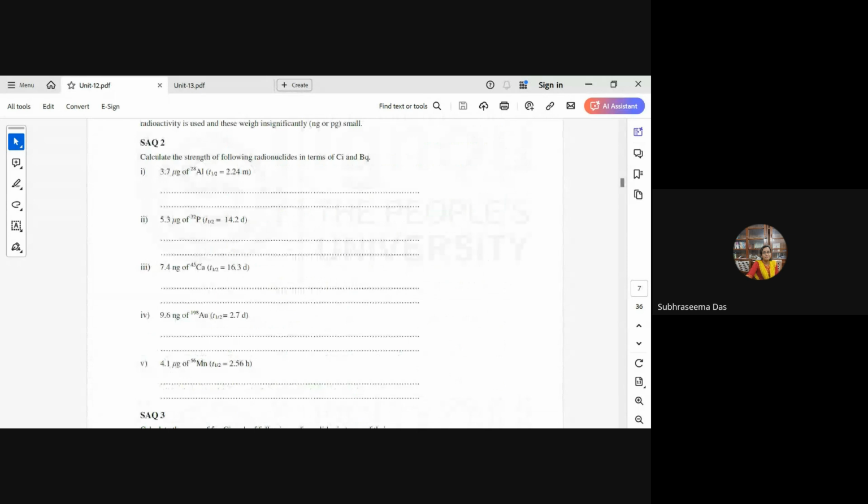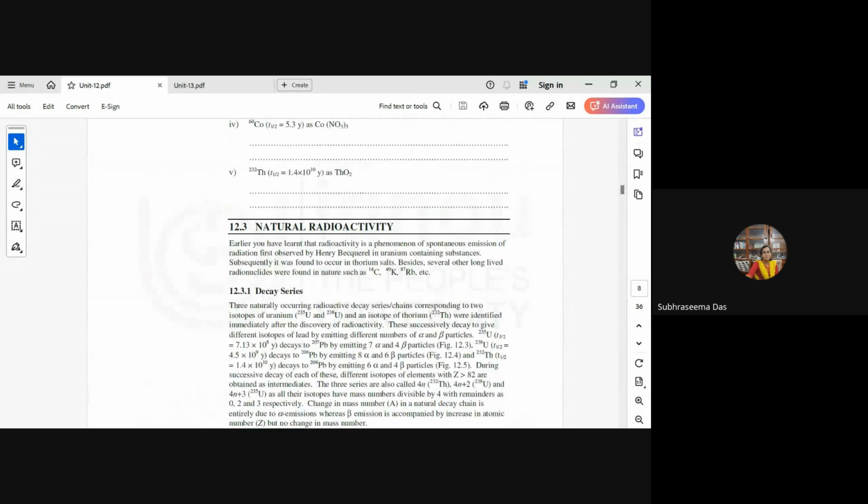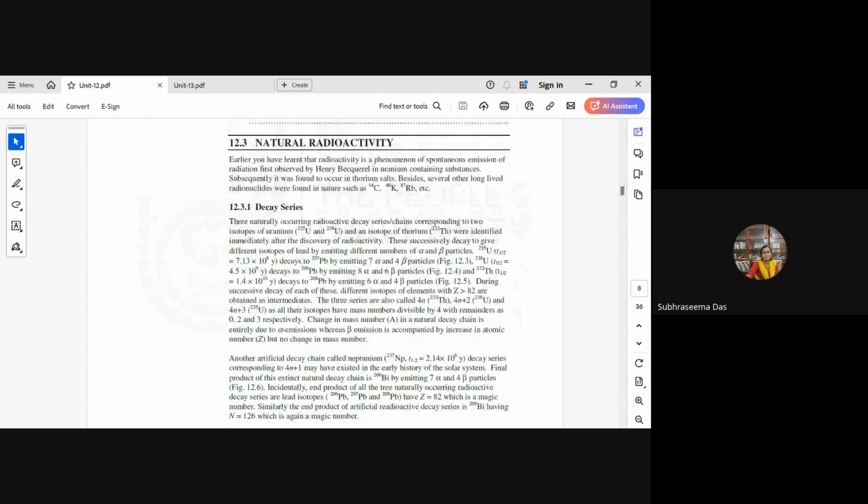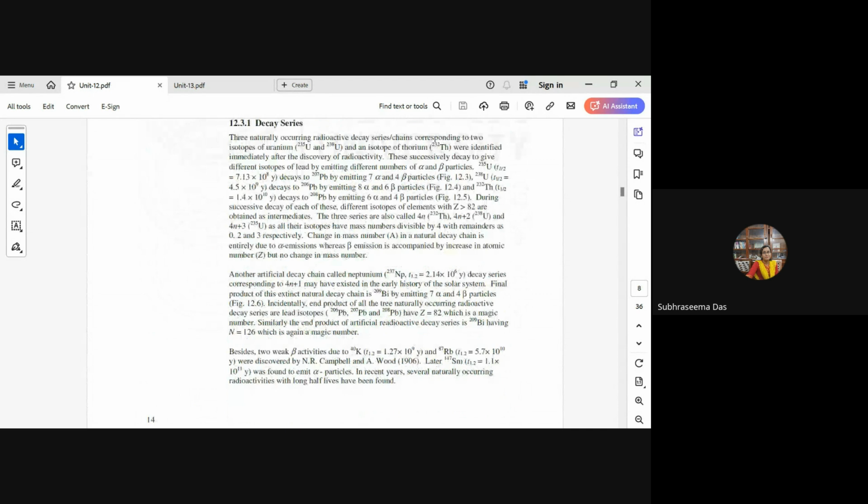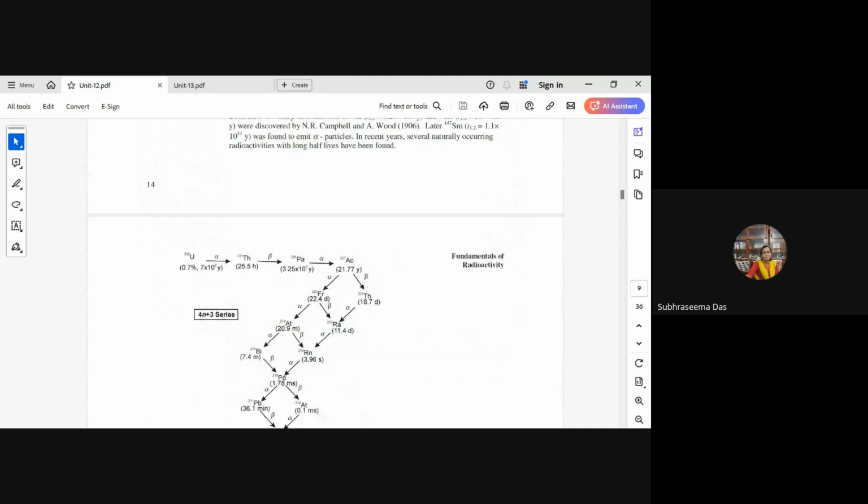Now, we have also studied natural radioactivity. Natural radioactivity indicates the elements which are naturally radioactive in nature, such as uranium 235, uranium 238, and thorium 232. Based on the natural radioactivity of various elements, there are decay series which have been labeled as 4n, 4n plus 2, and 4n plus 3 series, depending on the type of the emission.